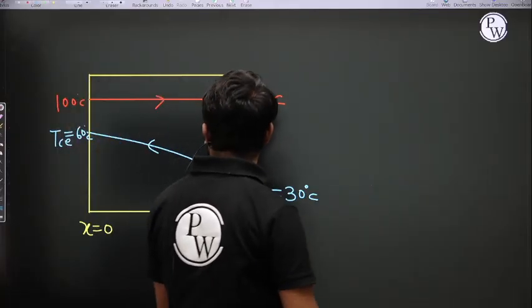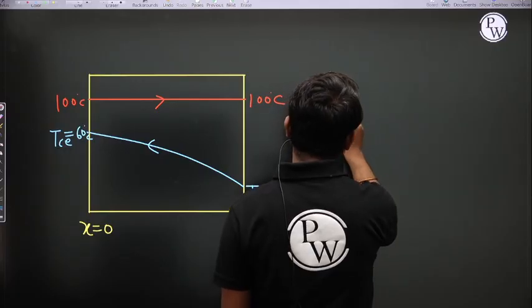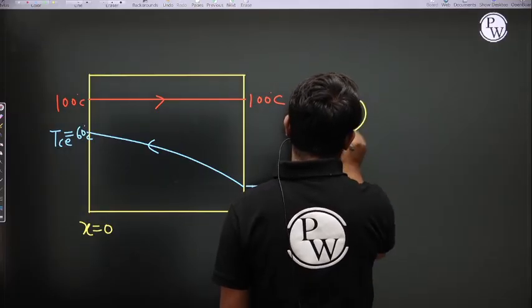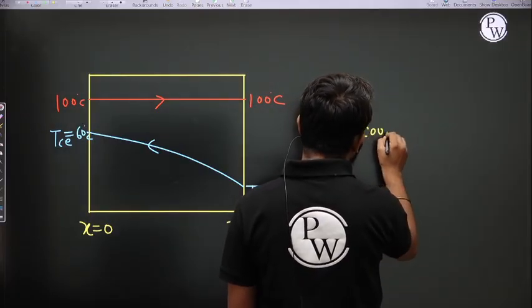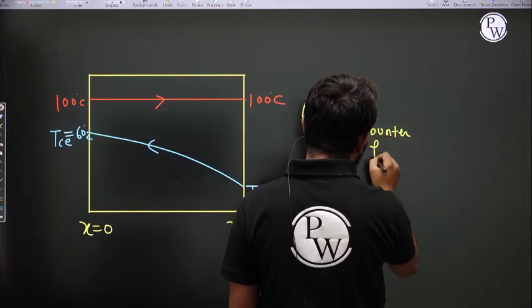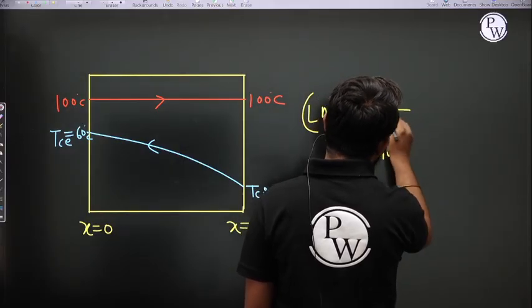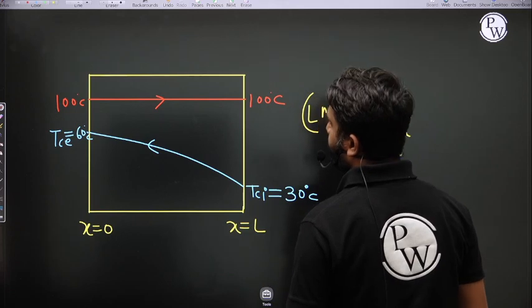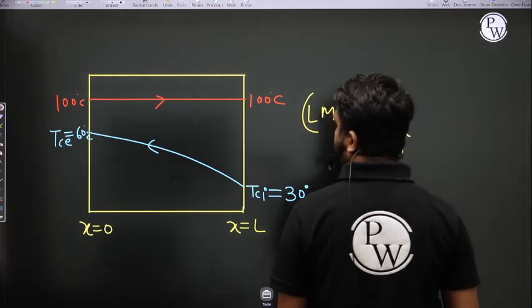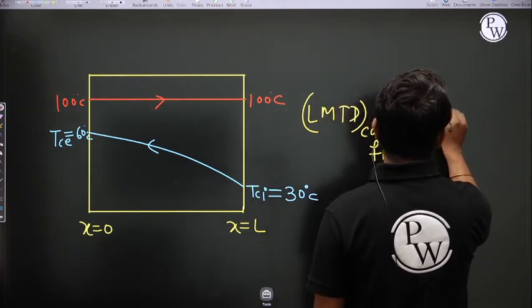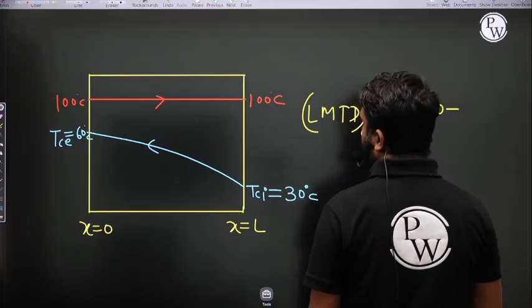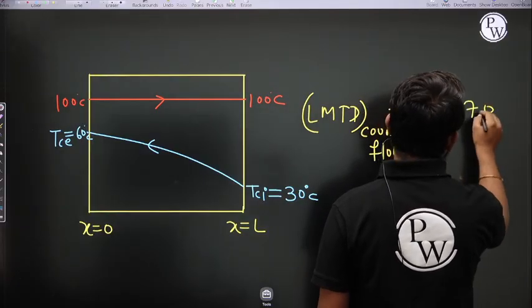Okay, now find out theta 1 and the LMTD in the counter flow case. So theta 1 again is 100 minus 60, that is 40. Right, what is theta 2? 100 minus 30, 70.